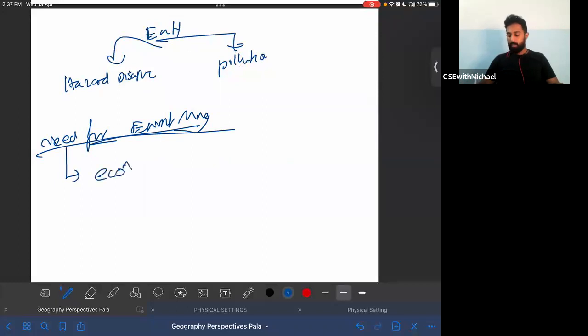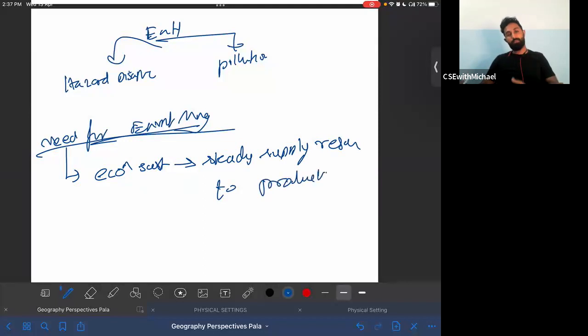For example, economic justification, which talks about there needs to be a steady supply of resources to production. Now, if you run out of a particular raw material, production will decline, and hence to ensure smooth delivery of that raw material, environment management or resource management is necessary.